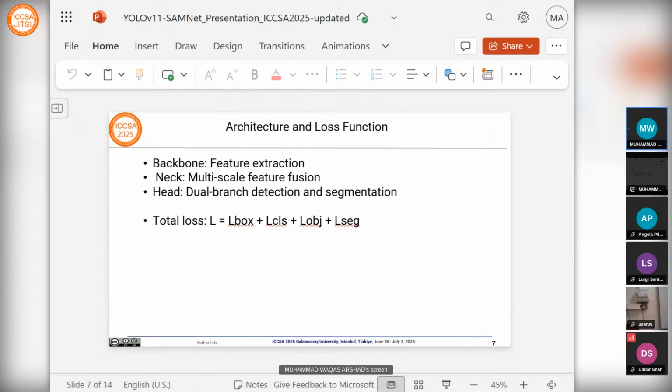So the model training is basically guided by the loss function. Here, the first one is the L box, which is the bounding box loss, and another one is the classification loss, and the third one is the objectness or confidence loss, and the fourth one is the segmentation loss.